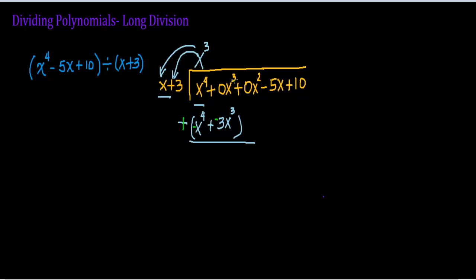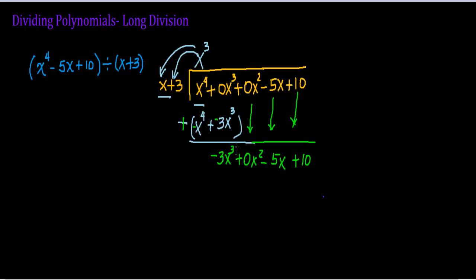And 0x to the 3rd power plus negative 3x to the 3rd power is negative 3x to the 3rd power. We're done subtracting. Bring everything else down. So all of these come down. I have plus 0x squared minus 5x plus 10.